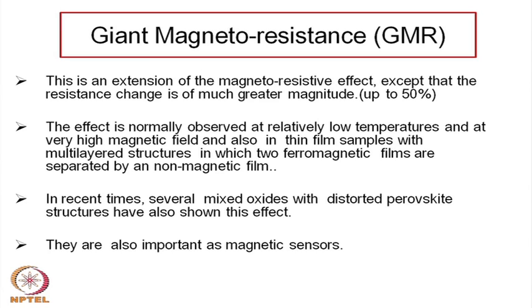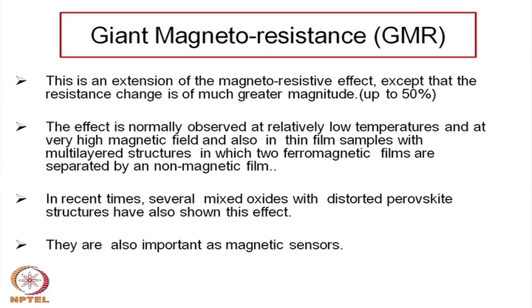Whatever magnetoresistive effect has been discussed earlier is probably at relatively low magnetic field, but when the magnetic field is very high, particularly at low temperature, and the materials are in thin film form with a multi-layer structure, then this colossal or giant magnetoresistance effect is observed, which is slightly different. It is not exactly the same as the magnetoresistive effects in different materials.